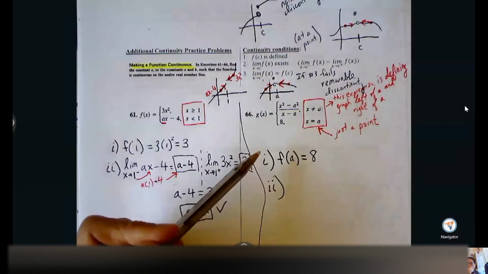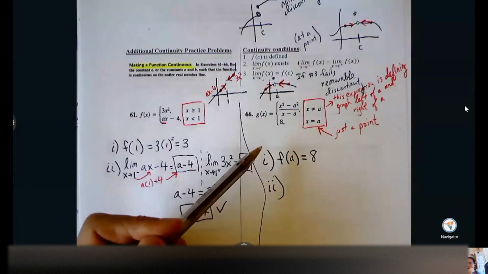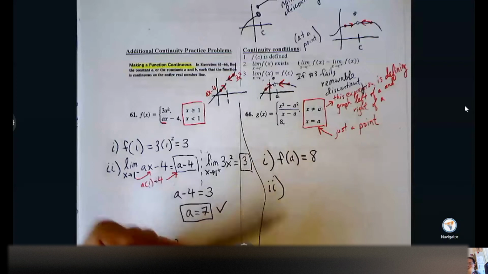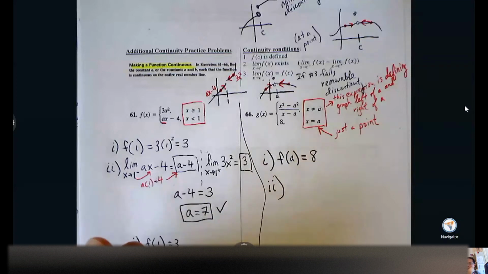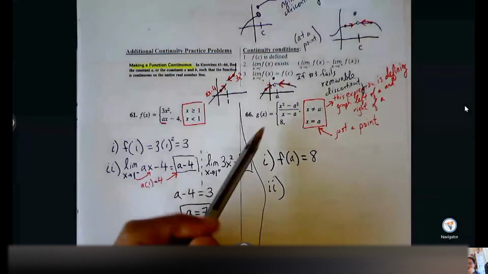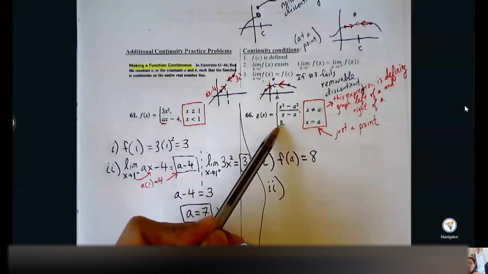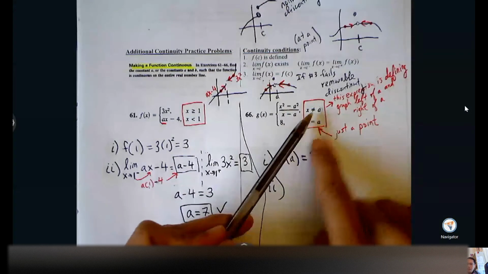Two. Okay, we could use two, but can we get away with just one? Yeah, because eight is just a point on the graph, and we don't need to. Okay, so you see this x is not equal to a?